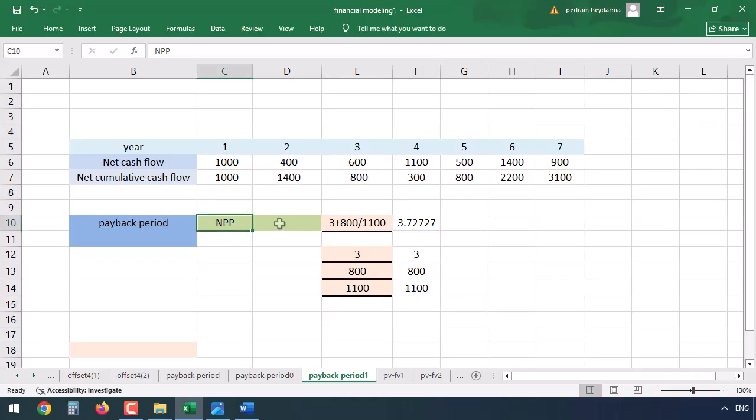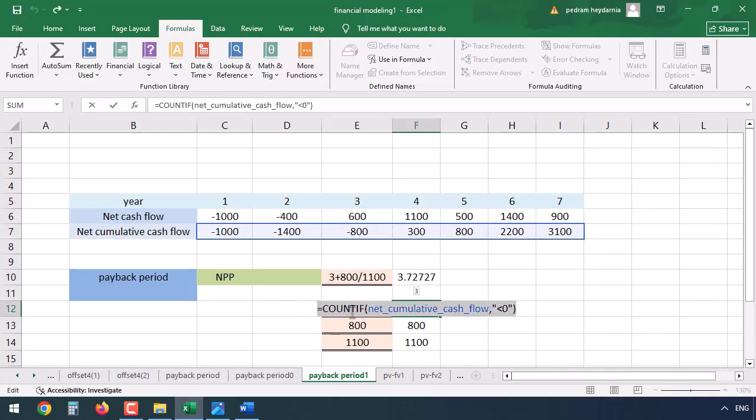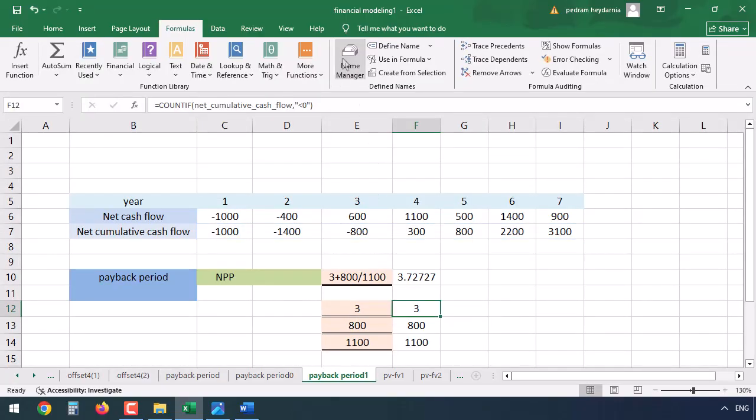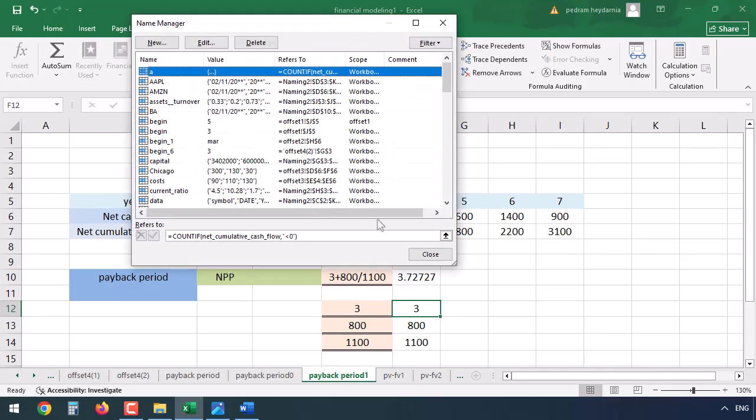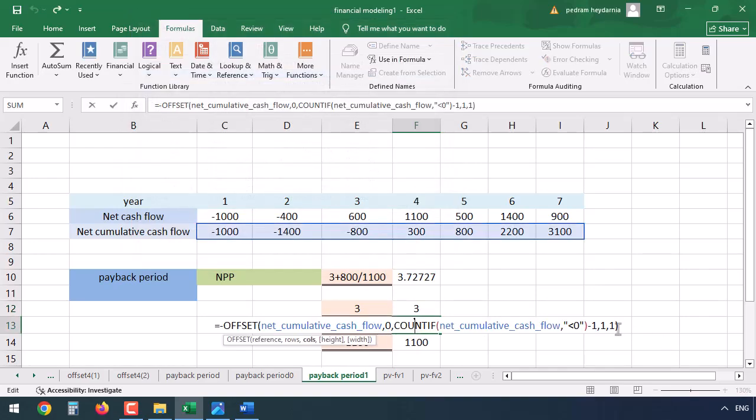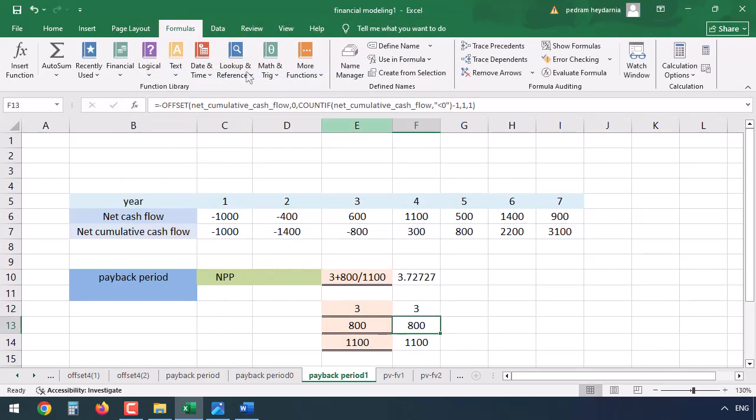I need to say this formula plus this formula divided by this formula. When we want to combine several formulas for ease of use, we can do this. You can copy this formula. Go into the name manager. Write, for example, A, and you paste this formula there. Now, wherever you write A, it will bring that formula for you.